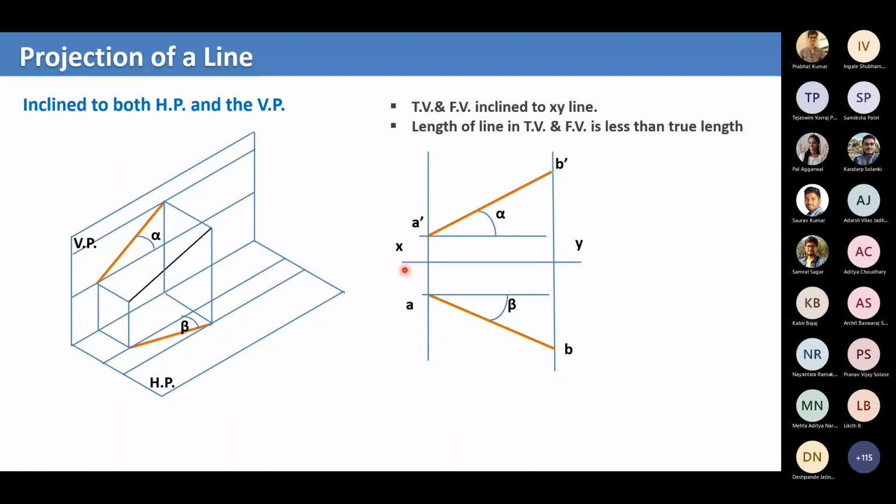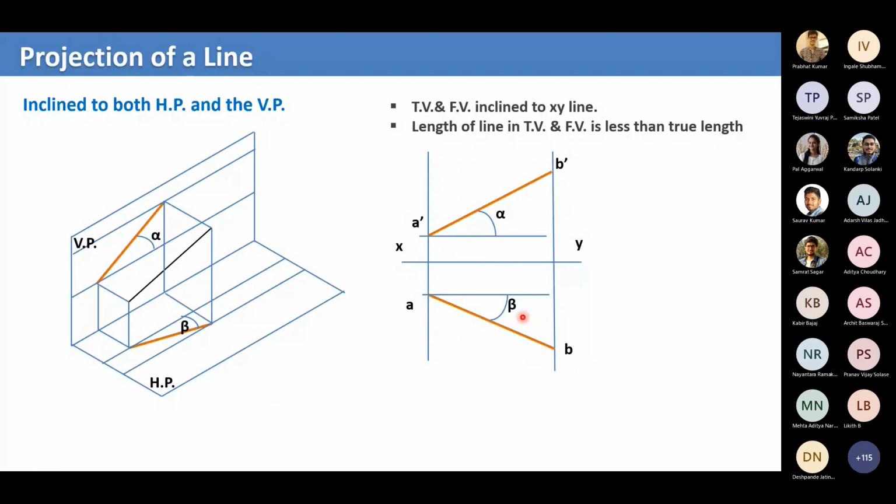This is where we represent our front view and top view. We have already discussed why alpha, beta, and why not theta, phi. What can alpha be and what is beta? I think everyone has no doubt about it.